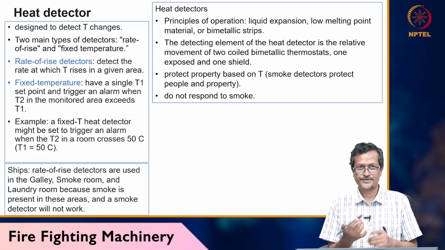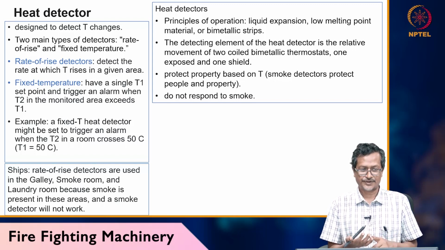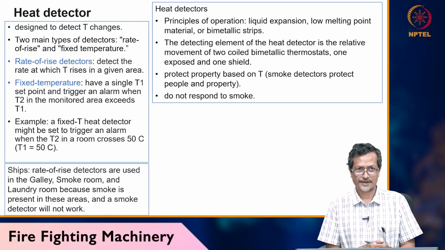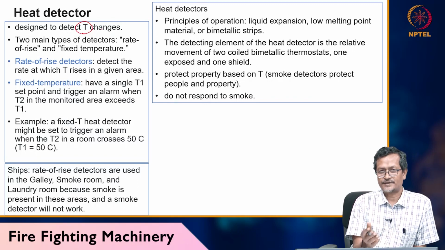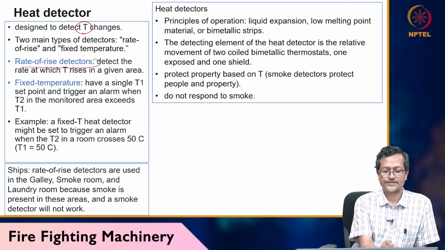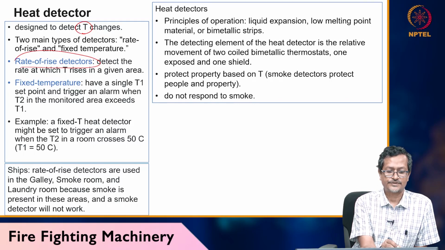Heat detector. We have seen the flame detector and smoke detector. Now we see the heat detector. A heat detector is very simple. If you have a metallic strip, you can detect actually. It is designed to detect temperature change. There are two main types of detector: one is rate of rise of temperature and the other is fixed temperature.